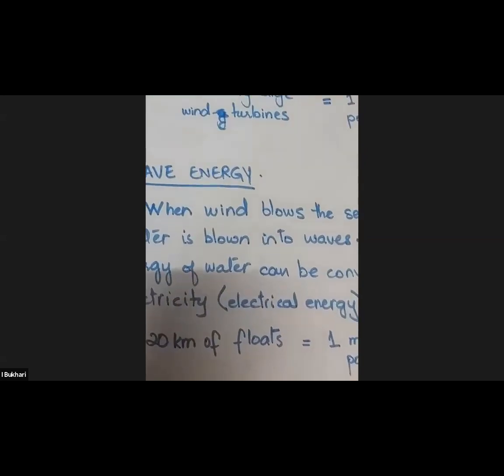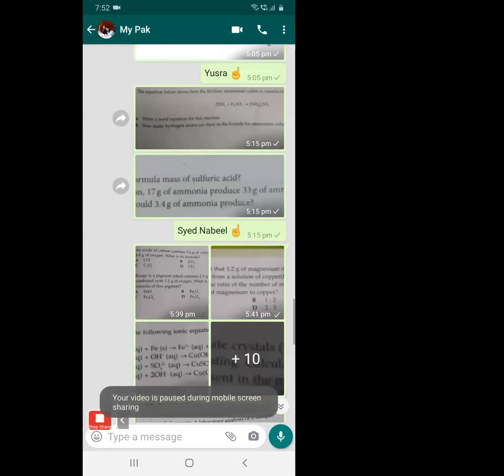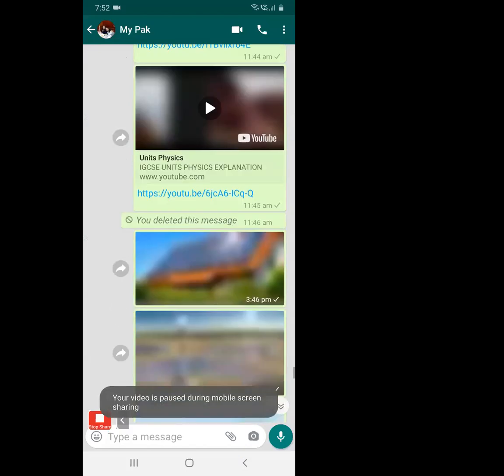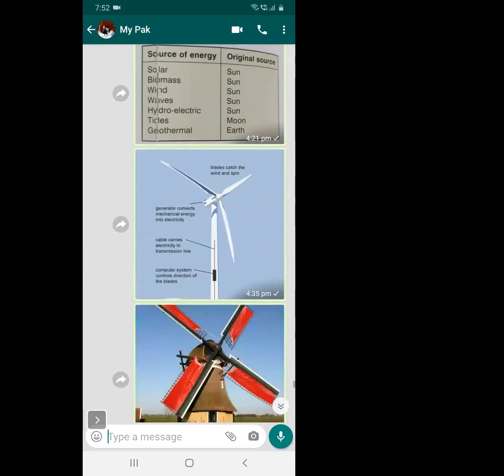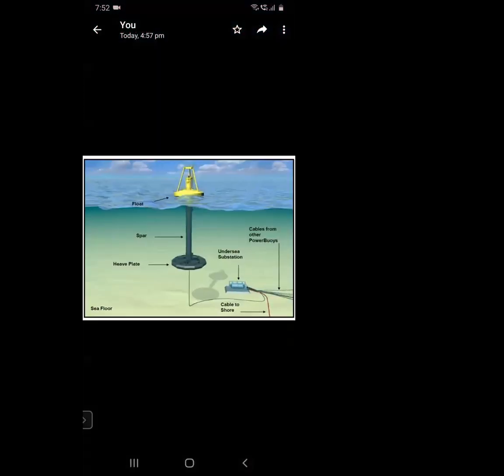Let me share my screen again with you. These are called floats. Look at this. These are devices which are left in the sea, and as the waves move, this float moves, and that kinetic energy is converted into electrical energy.